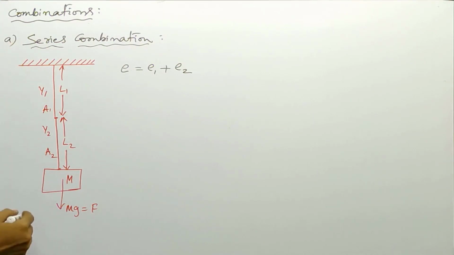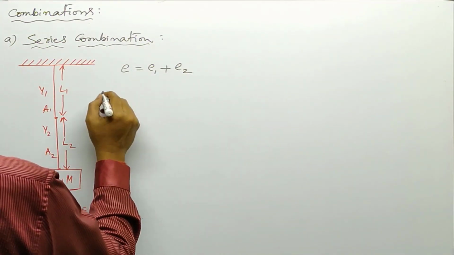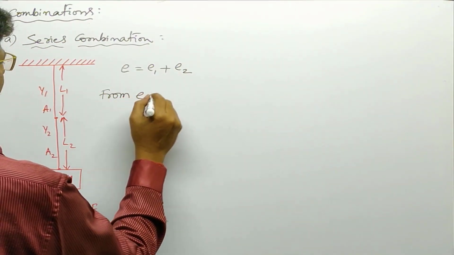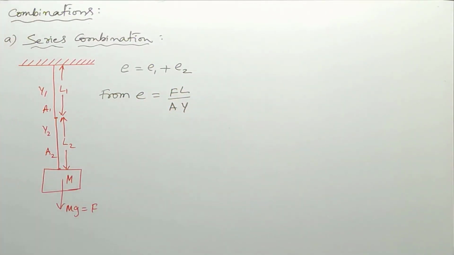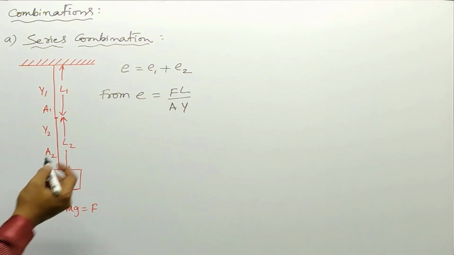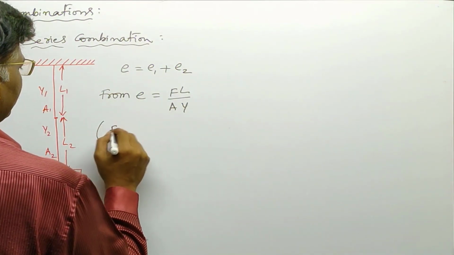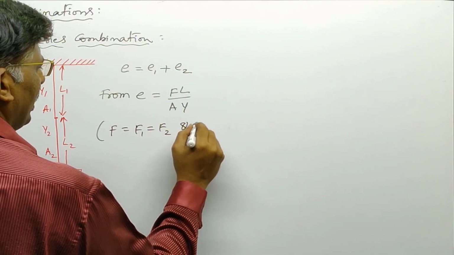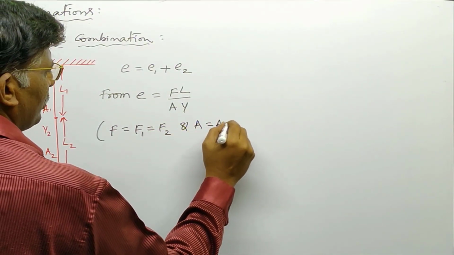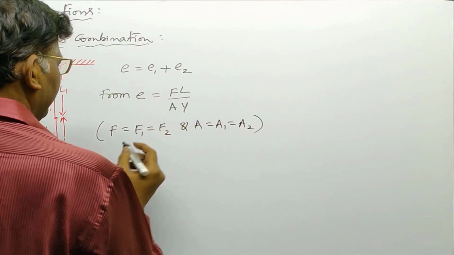Total elongation of the net wire is equal to E1 plus E2. But from E is equal to FL by A into Y, in the diagram, F is equal to F1 is equal to F2, and A is equal to A1 is equal to A2.